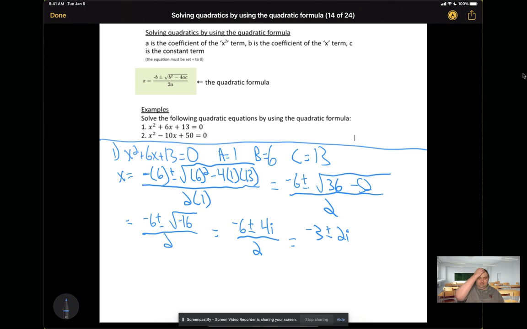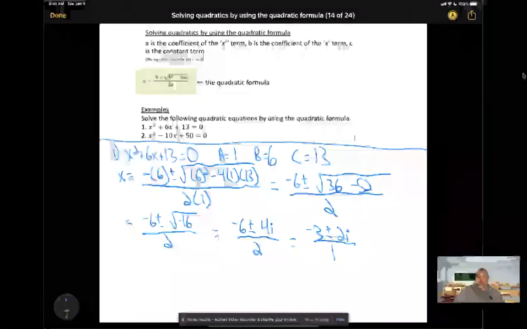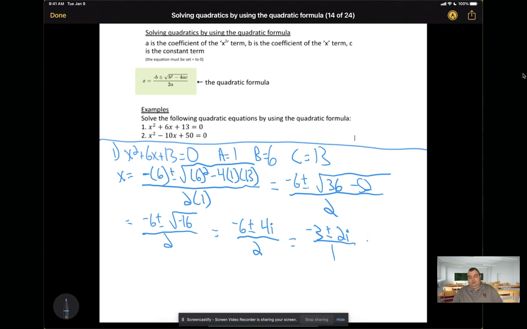So negative 3 plus and minus 2i. And 2 divided by 2 is 1. Of course, anything divided by 1 is itself. So really, I end up with negative 3 plus and minus 2i. And this right here are my two solutions. So my two solutions are negative 3 plus 2i and negative 3 minus 2i. So those are my two solutions to number 1.